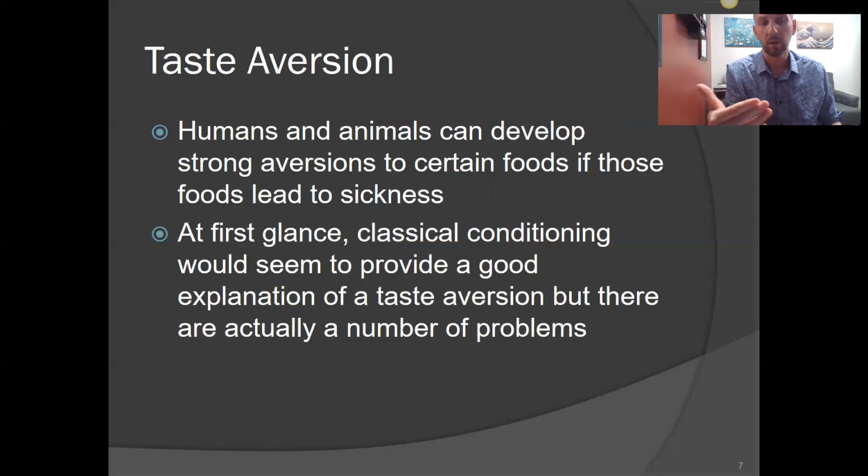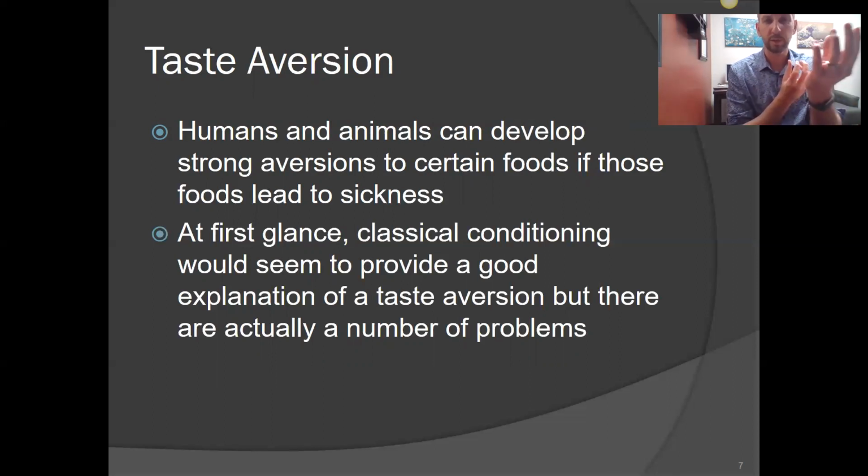Now, at first glance, classical conditioning seems to provide a good explanation of it, right? You pair up the food with some sort of virus or bacteria that is the cause of getting sick, nauseous, food poisoning.